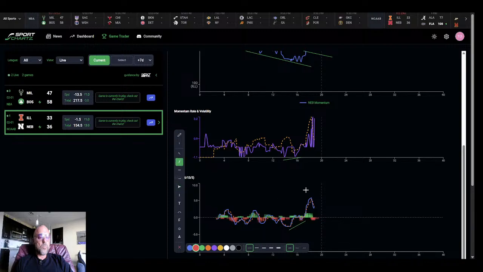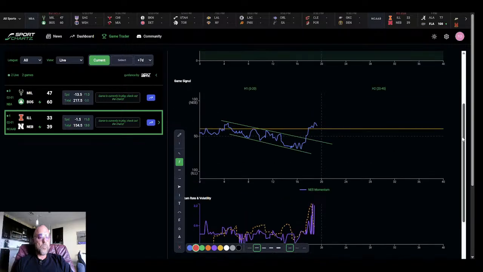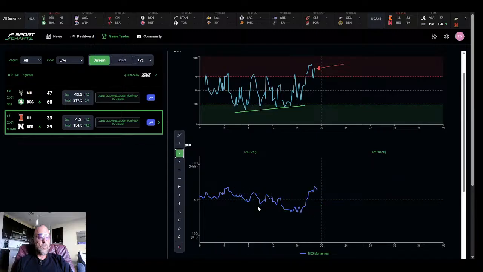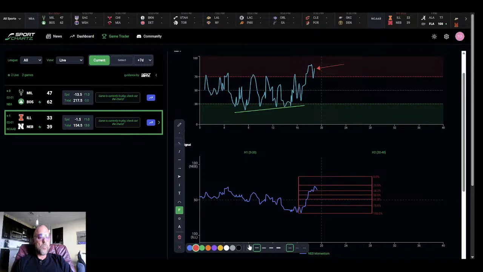Don't get too cocky into halftimes. Probably Illinois is going to come back strong after halftime. Yeah, this is still a little iffy here. Let's clean this up. Score 39. Oh, they're up by 6 now. Awesome.